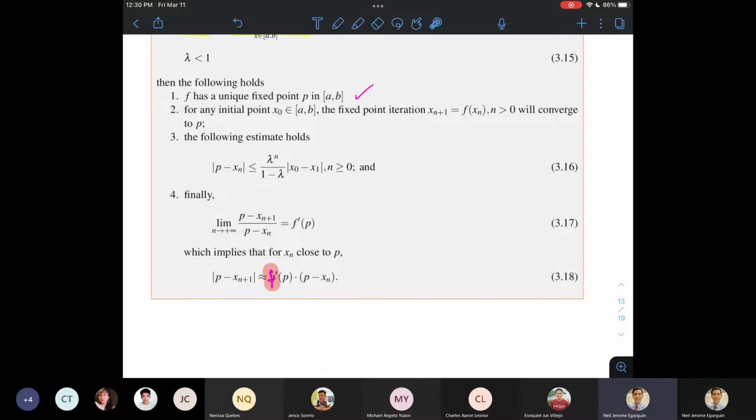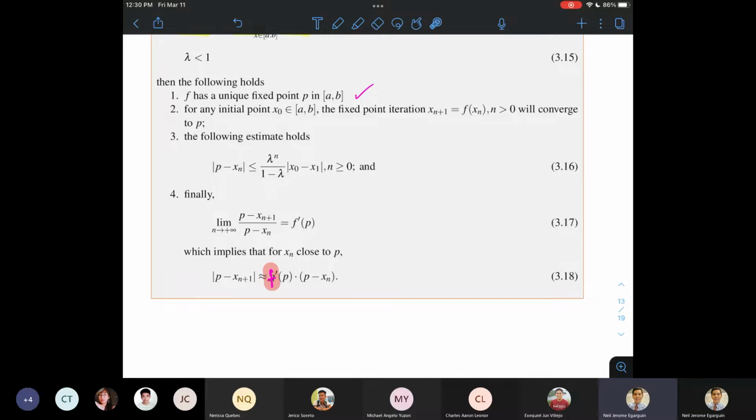So basically, result number 3 is telling us that proportional sa x sub 0 minus x sub 1, actually hindi pala technically proportional kasi this guy is not a constant because it will depend on the value of n. So the error on the nth iteration is a factor of how far your initial guess is to the first iterate, x sub 0 minus x sub 1.